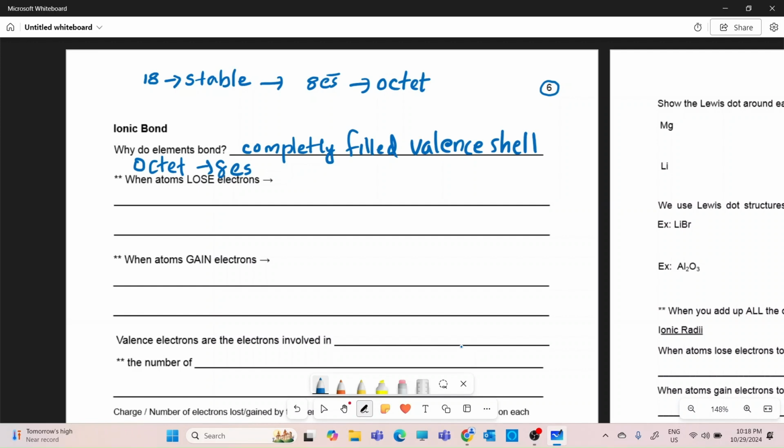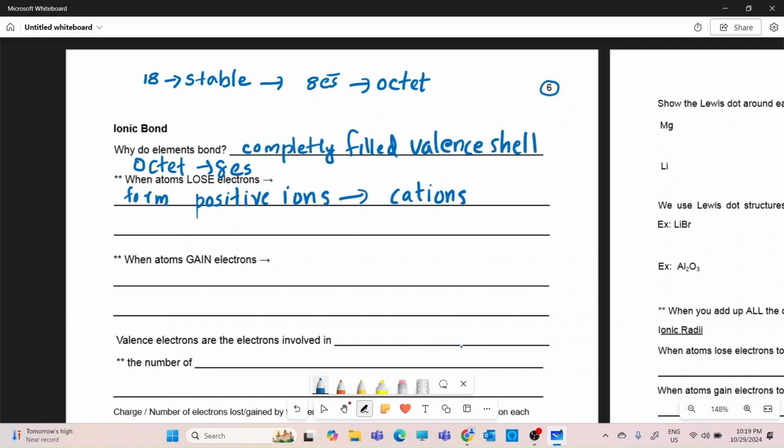So when atoms lose electrons, they will form positive ions, and we will call them cations.